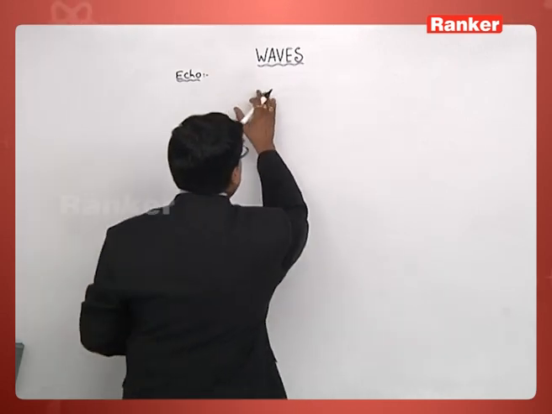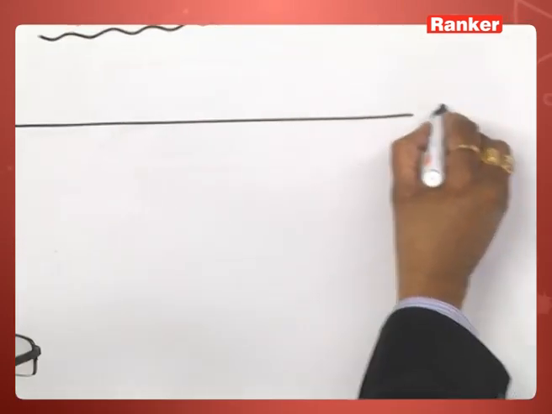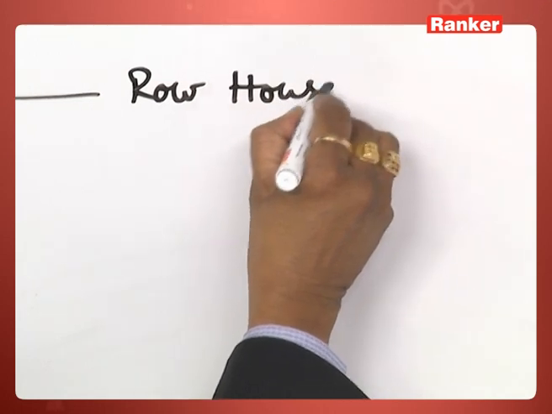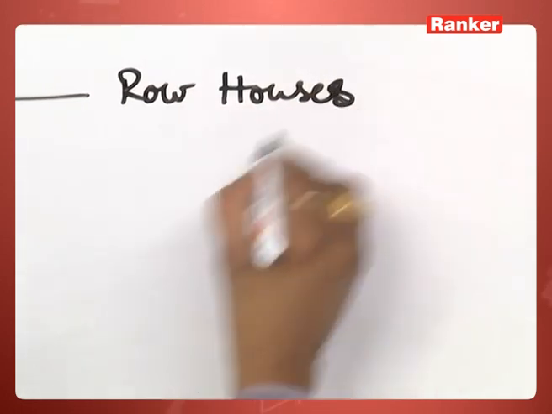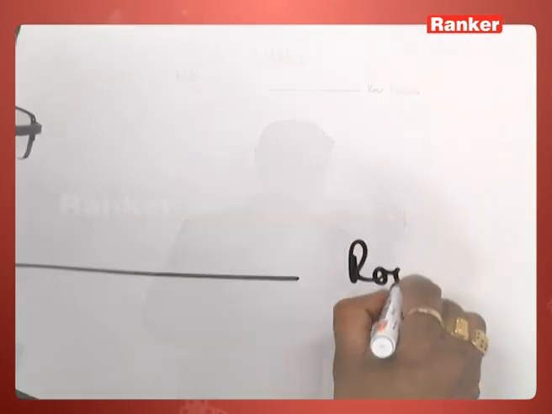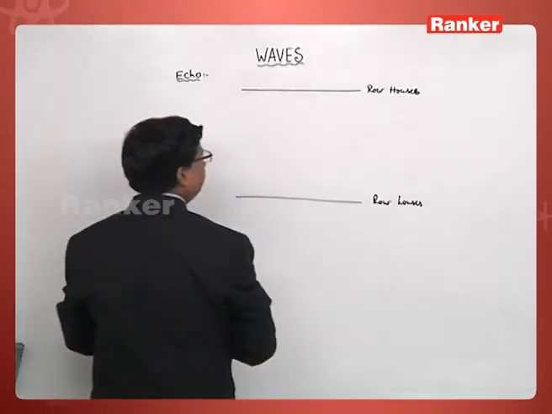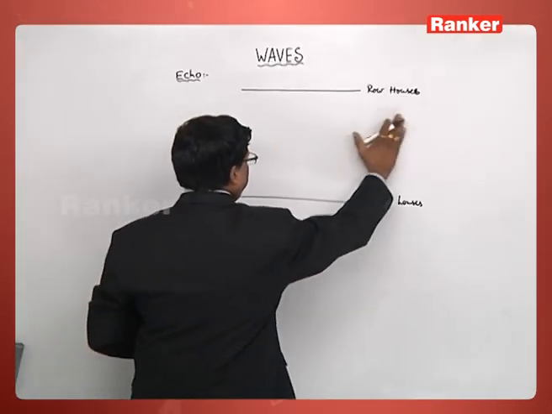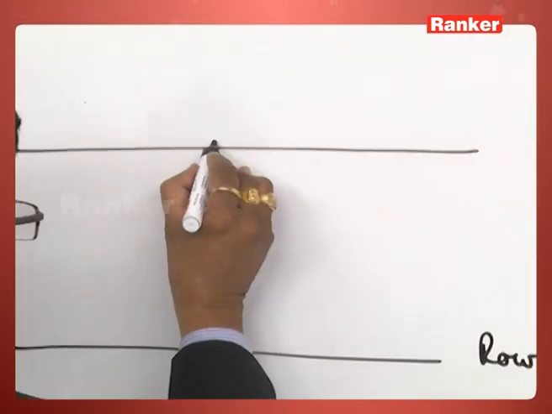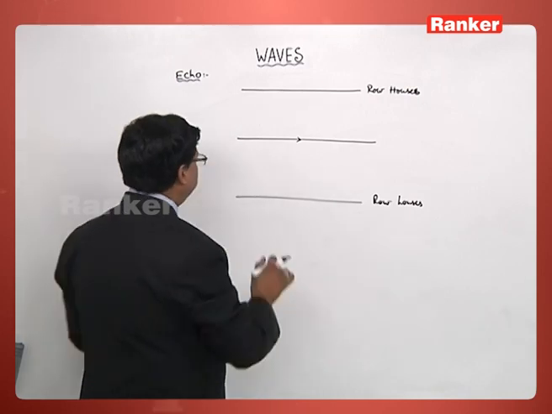They can describe a simple problem this way. There are row houses. Here also we have row houses. And there is a road directly in between these two, and a car is just traveling right in the middle on the road.